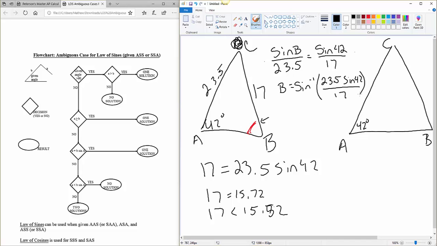So I'm going to enter that in my calculator, 23.5 sine of 42 degrees all over 17. And so I'm taking the sine inverse of that. And so B is going to give me 67.66 degrees.